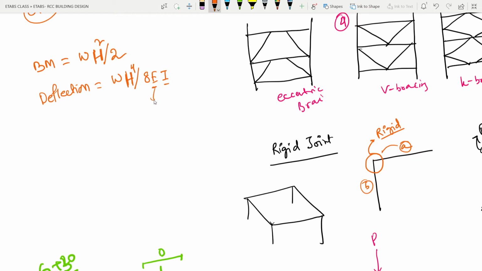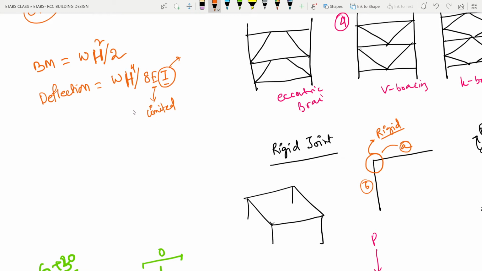Now this modulus of elasticity of the material, we have limitation to increase this particular thing. Okay, we cannot use very higher grade of concrete or very higher grade of material. So we have limitation to increase this. So the only thing that we can increase is the moment of inertia.